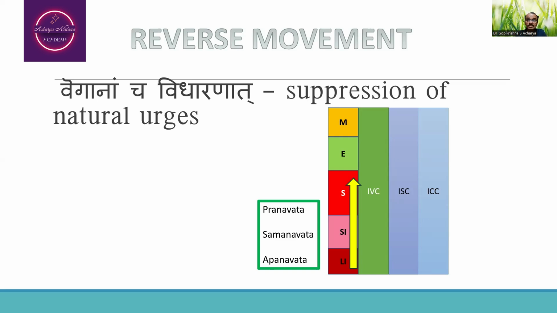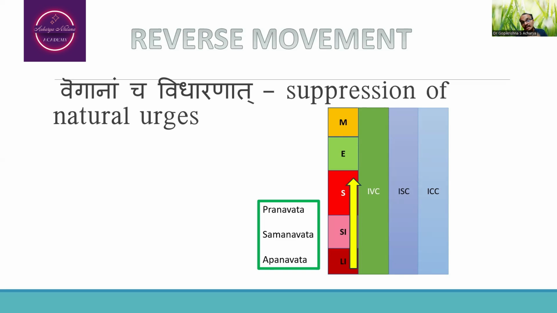In that particular situation, that is responsible for the reverse peristaltic movement of apana vata, which is present in the large intestine. If the person has frequent suppression, that is responsible for the reverse movement even in the small intestine, wherein samana vata comes into action.